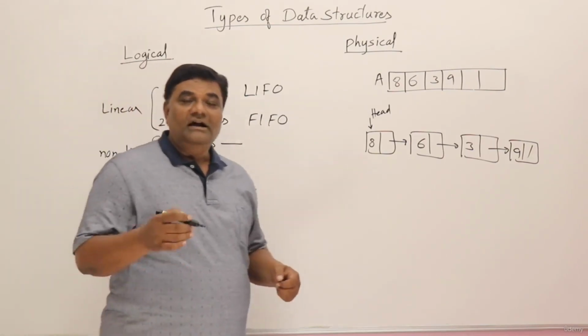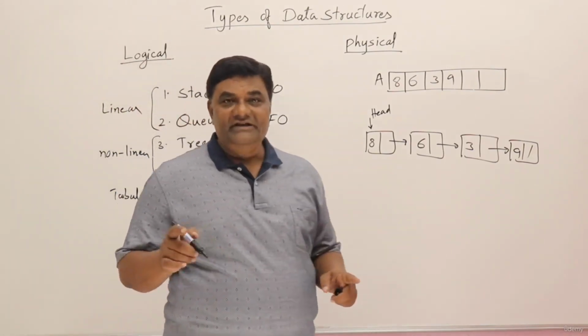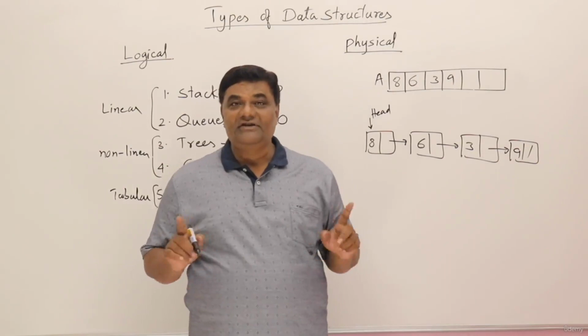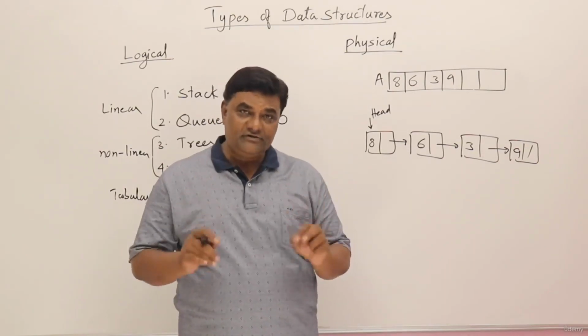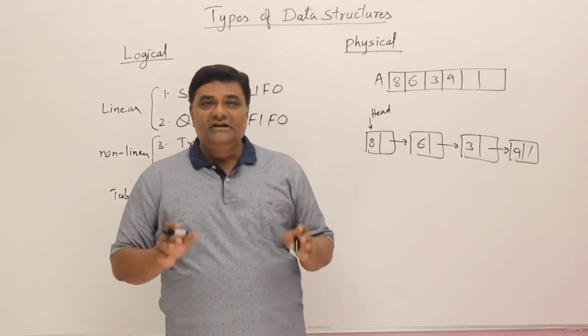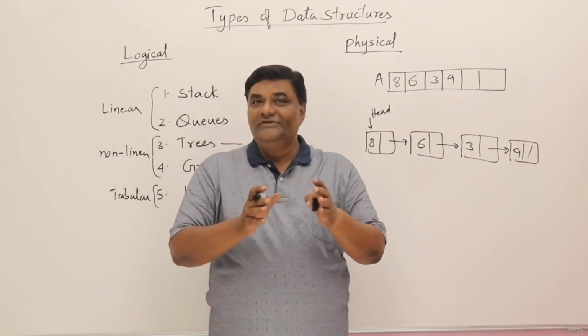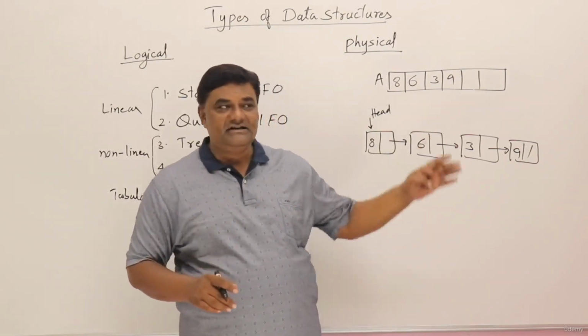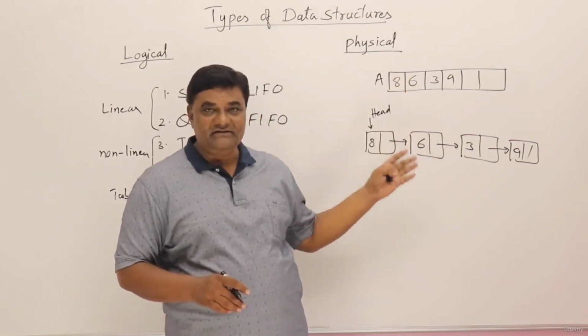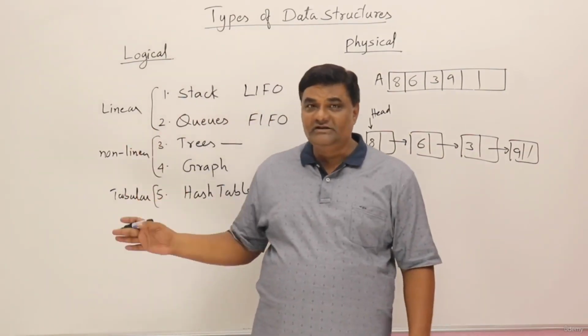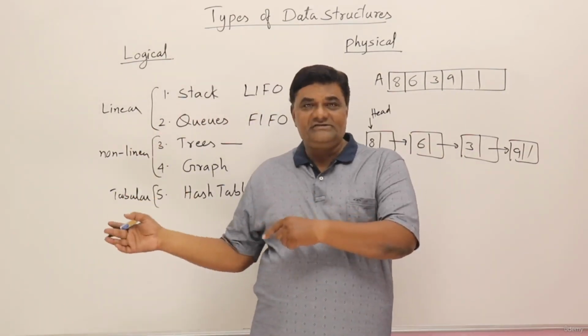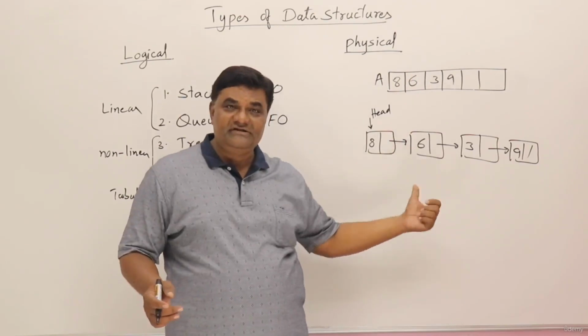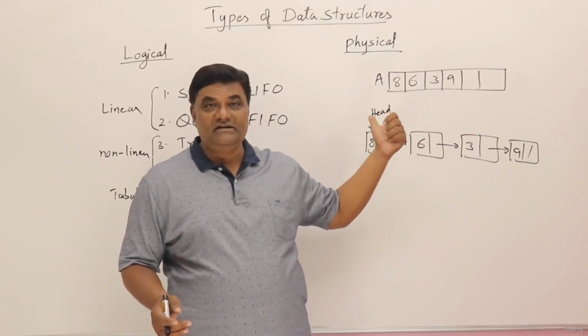So that's all. I have given the introduction of various types of data structures. I have categorized them. This was just the introduction to give you awareness. So the conclusion of this topic is I wanted to differentiate types of data structures, that is physical data structures, array and linked list, and these are logical. And these logical data structures are implemented using physical data structures, either using array or linked list.